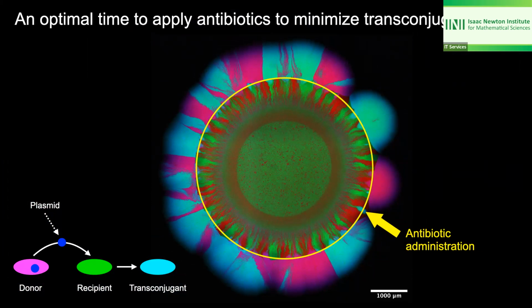Can I make basic predictions about when it's best to apply antibiotics and hit the system to prevent these guys from proliferating? So for instance, you can imagine this recipient as a potential pathogen, and we really want to minimize this transfer over here and proliferation of these guys. So this is kind of the question we were hoping to address.